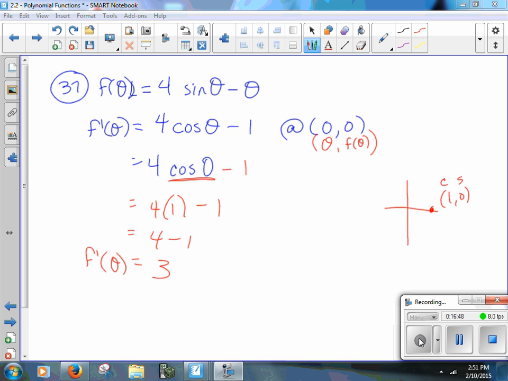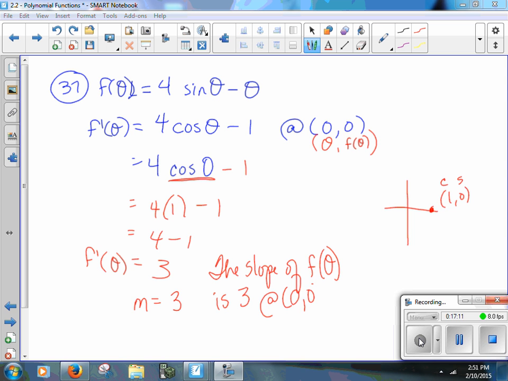So all you would have to have was f prime of theta equals 3, m equals 3, the slope of f of theta is 3 at 0, 0. That would be the best way to write that answer.